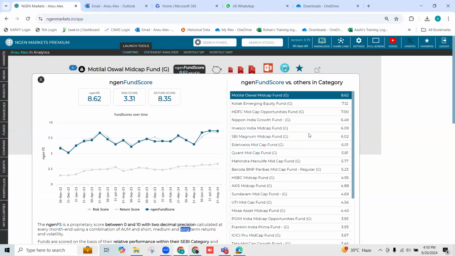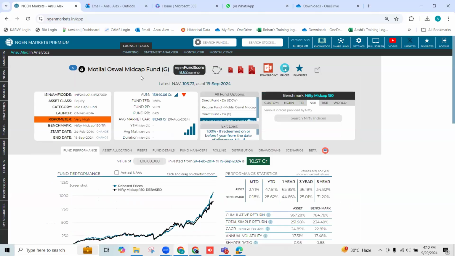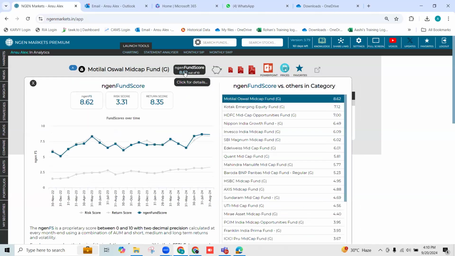For ease of peer comparison, we have provided the list of all the mid-cap funds right here itself. When you simply click on this black tile for any fund, all the peers will also show up, along with their specific fund score right next to the name of that fund.